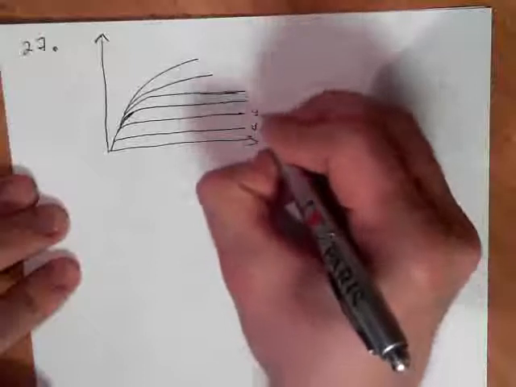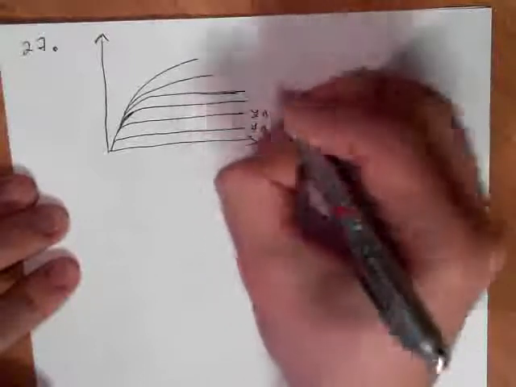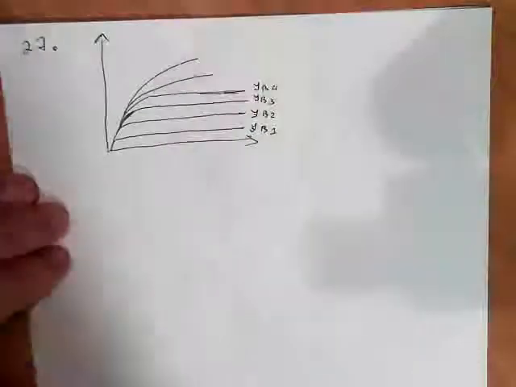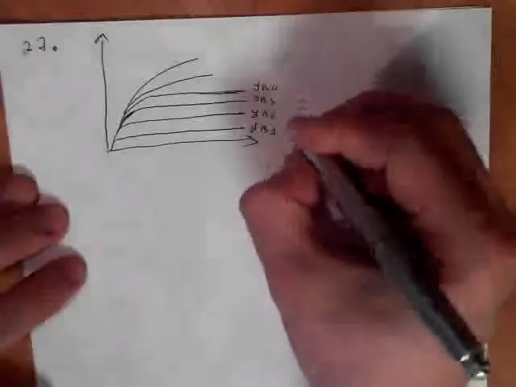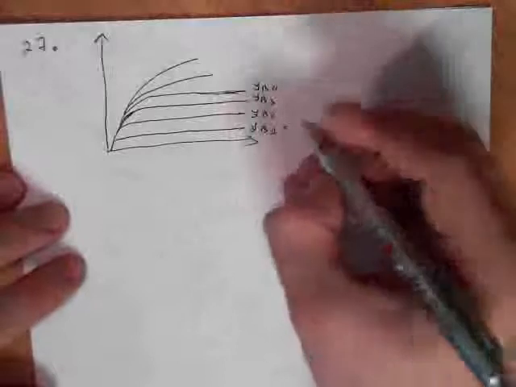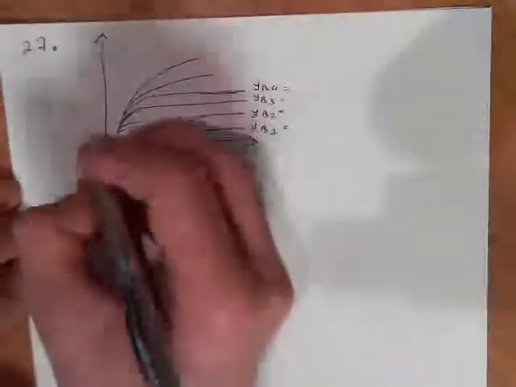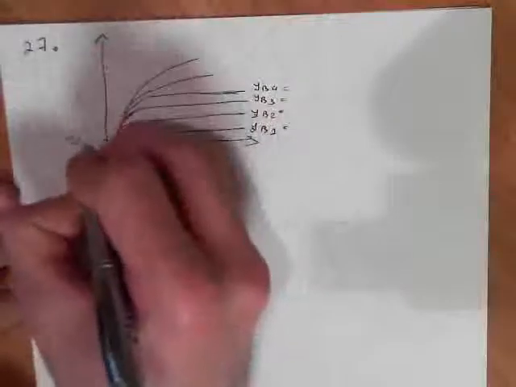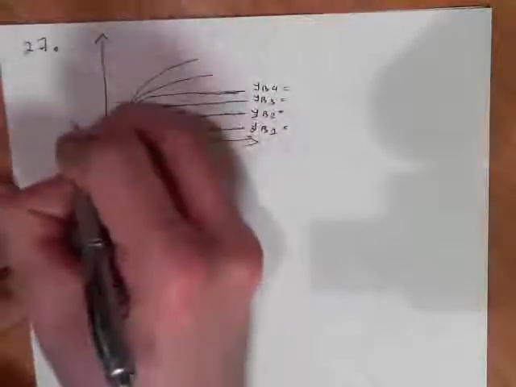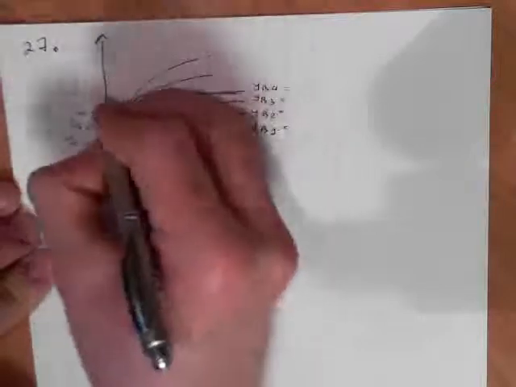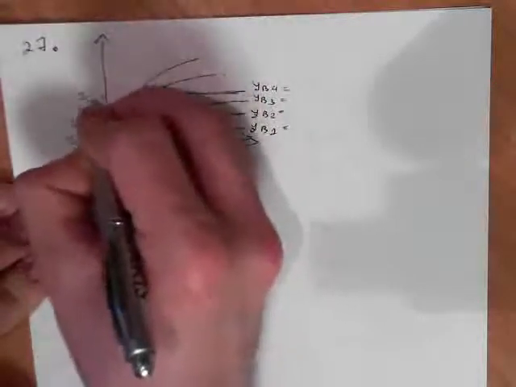And here we have IB1, IB2, IB3, IB4, which will be equal to some kind of values. And here we will have IC1, here we have IC2, here we have IC3, here we have IC4.